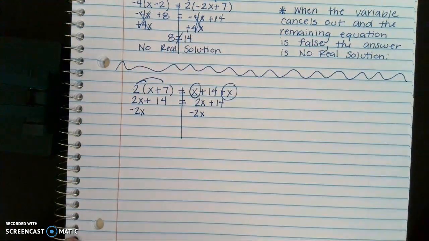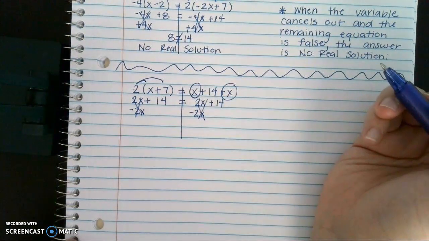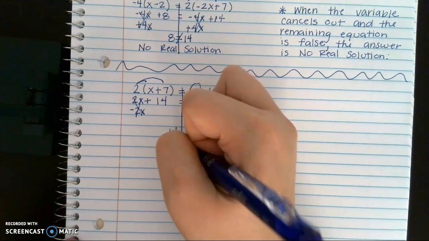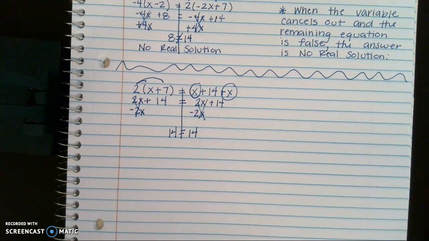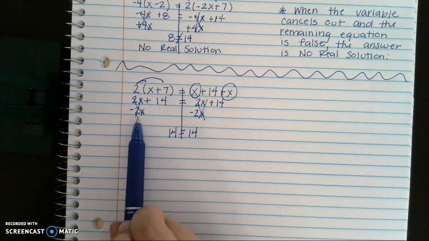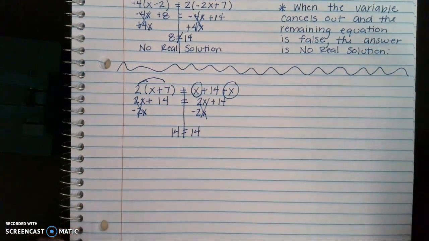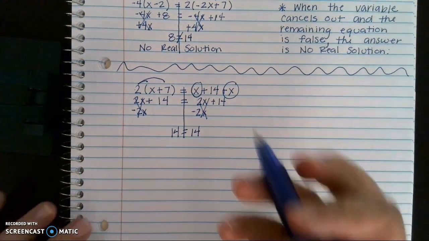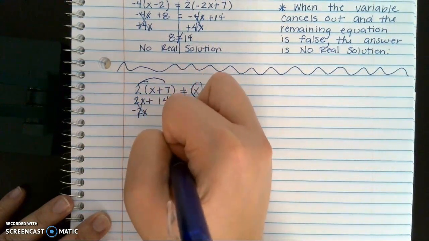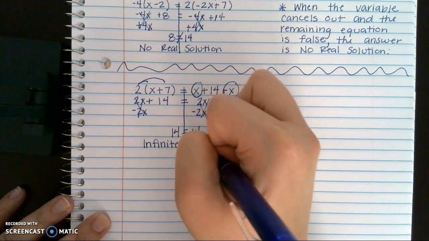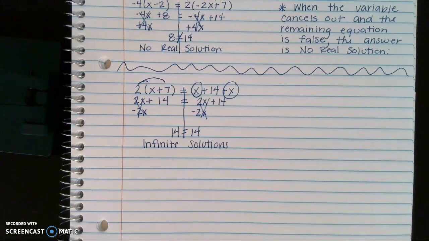Oh, that variable cancels out. 2x minus 2x. Oh, that variable cancels out. But now I have a statement, 14 equals 14. Well, that's a true statement. So when you have something where your variables cancel out and it's a true statement remaining, meaning the two numbers are the exact same, then your answer is infinite solutions. You could plug in any number for x and it will always work. It'll always be a true statement.